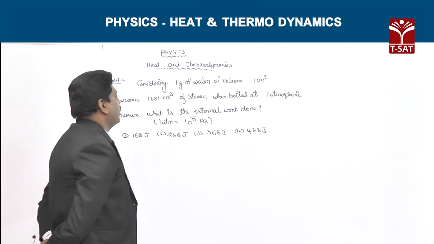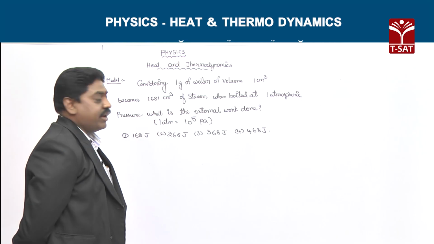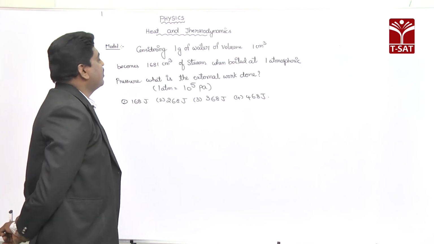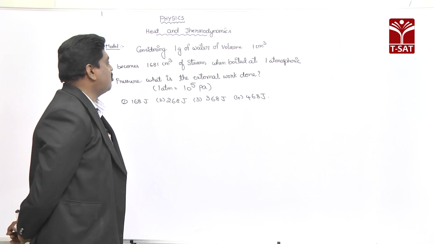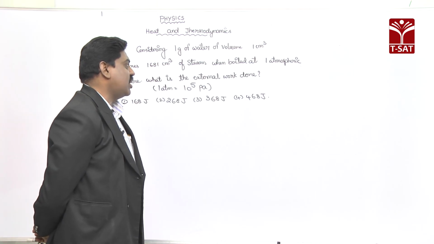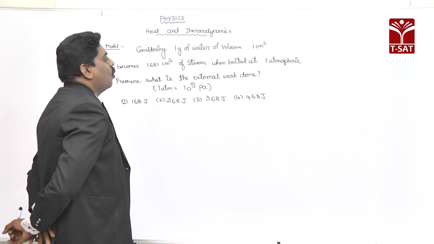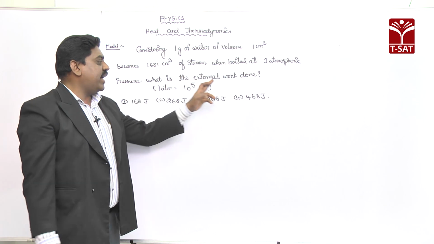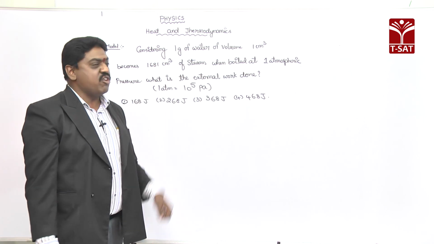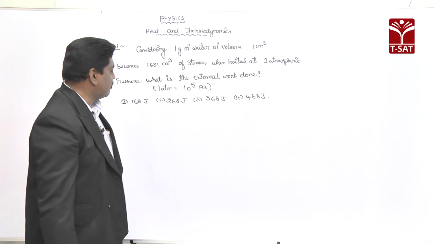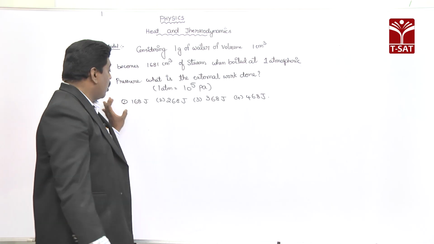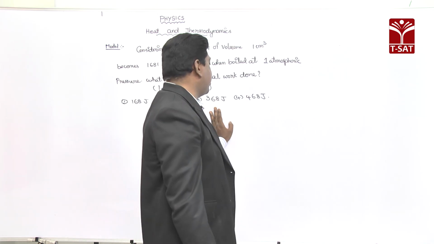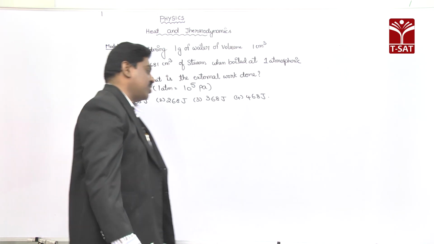We are given a problem here: considering 1 gram of water of volume 1 cubic centimeter becomes 1681 cubic centimeters of steam when boiled at 1 atmospheric pressure. What is the external work done? 1 atmospheric pressure is given as 10 to the power of 5 pascals and the options given are 168 joules, 268 joules, 368 joules and 468 joules.